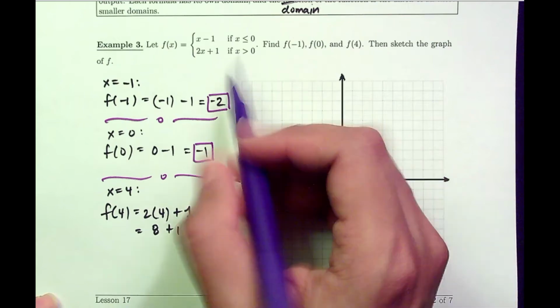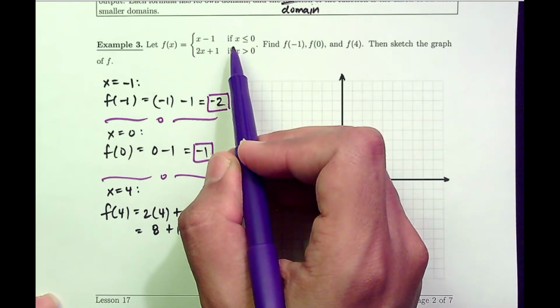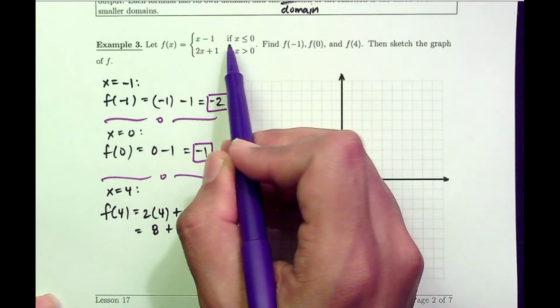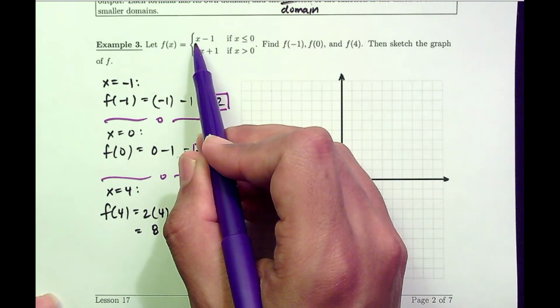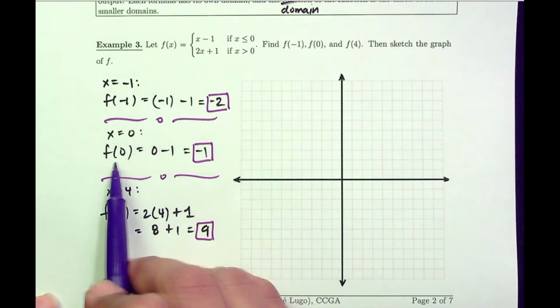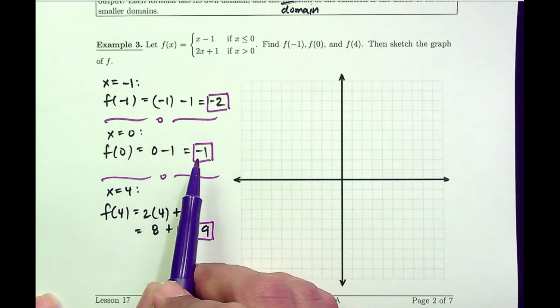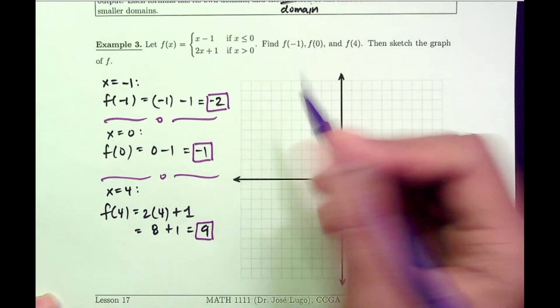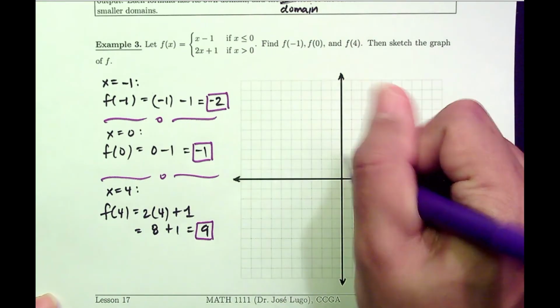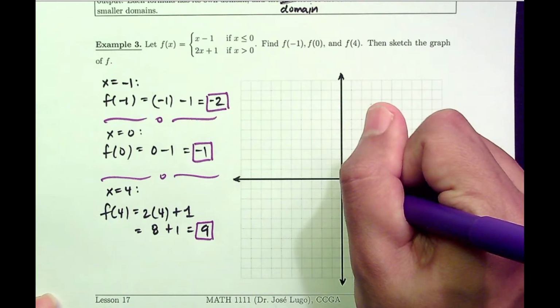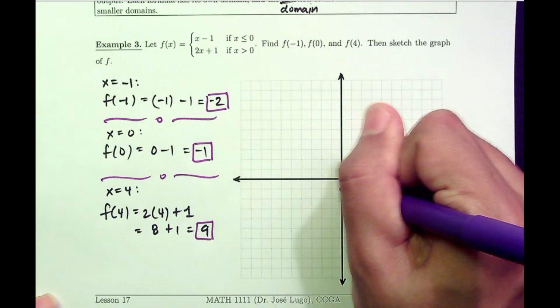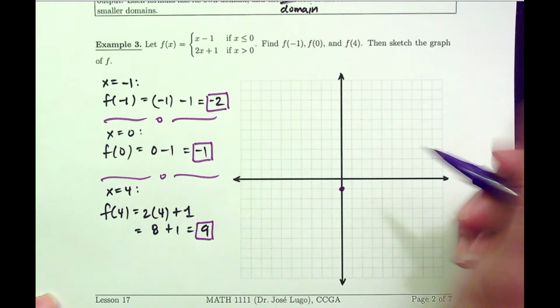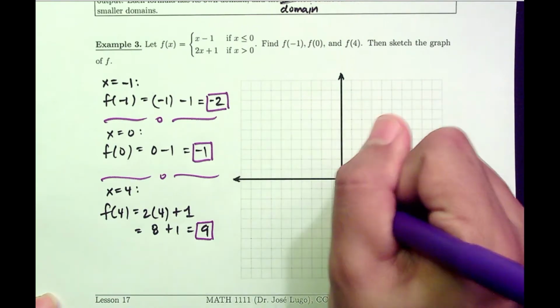So when you plug in 0, that's going to be the end coming from the left. When you plug in 0, you're going to get -1, which we already did here. Let's plug in 0, you get -1 right here. Okay, 0, -1. And 0 is included, so I'm drawing a filled in dot.